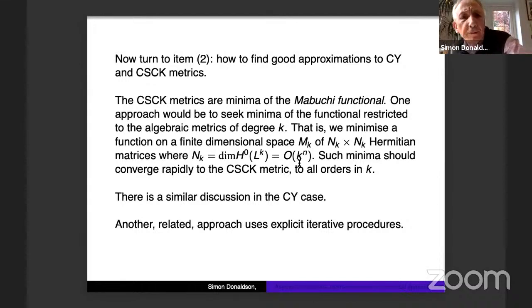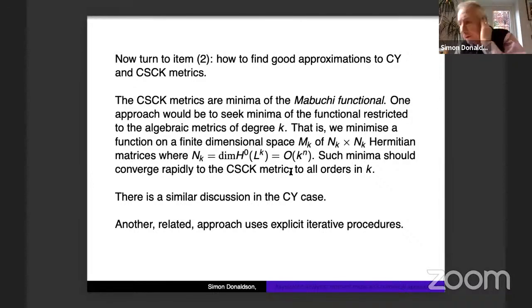And if you could find those finite dimensional minima, then I'm not sure this is a theorem, but those would almost certainly converge rapidly, to all orders, to the constant scalar curvature metric. And there's a similar discussion in the Calabi-Yau case, or other discussions for Kahler-Einstein metrics in general, with various functionals which play an important part in the theory.